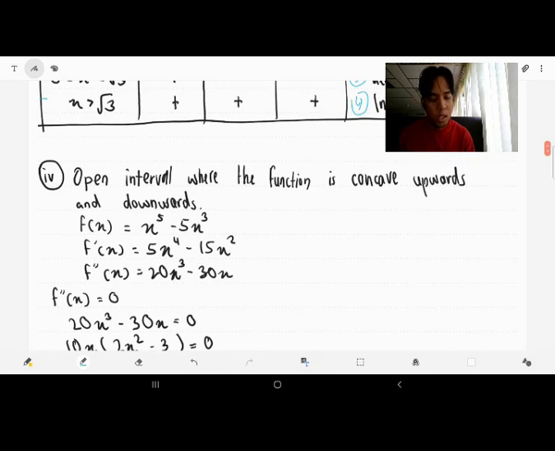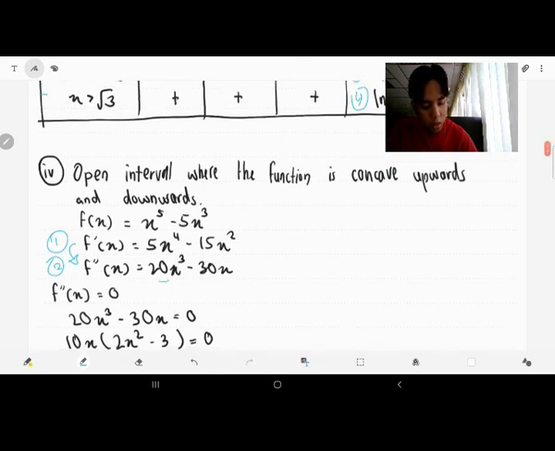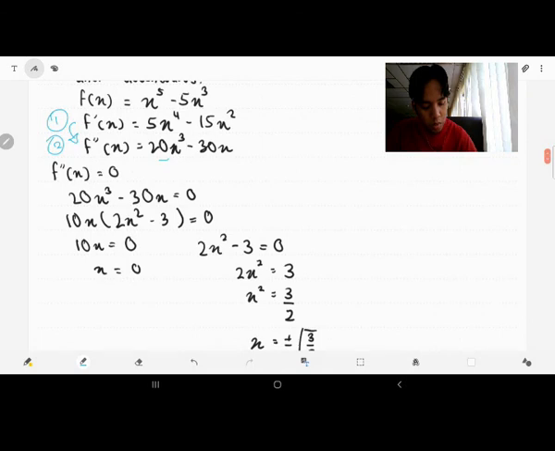Okay, for the next part we have to find the open intervals where the function is concave upward and downward. At this part, we have to find the second derivative. The first derivative is 5x^4 minus 15x^2. For the second derivative, we get 20x^3 minus 30x.